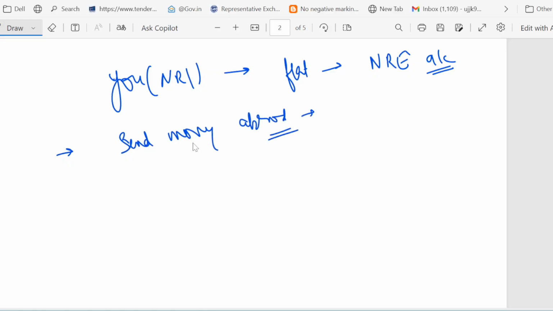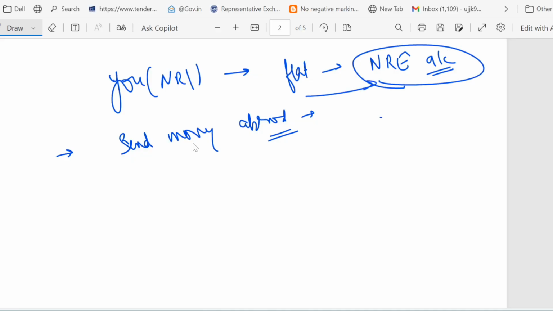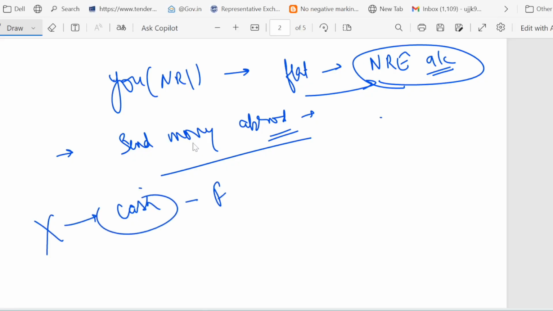Because you are an NRI, you have an NRE account. You can pay for the flat through it, but what you cannot do is pay the seller in cash or in foreign currency notes.